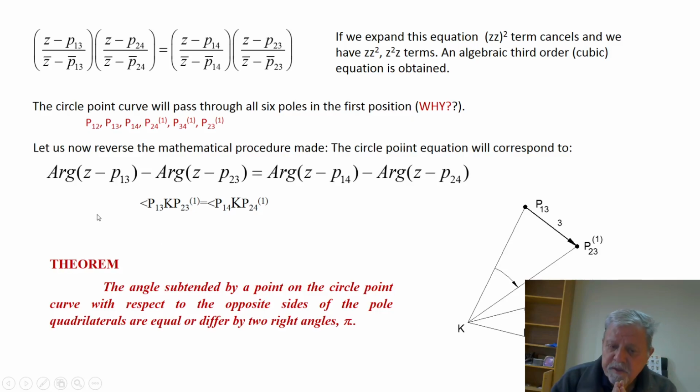So we have a simple theorem. The angle subtended by a point on the circle point curve with respect to the opposite sides of the pole quadrilaterals are equal or differ by two right angles, pi. Those two angles must be equal or can differ by pi, because this same equation will apply if they are different by pi.